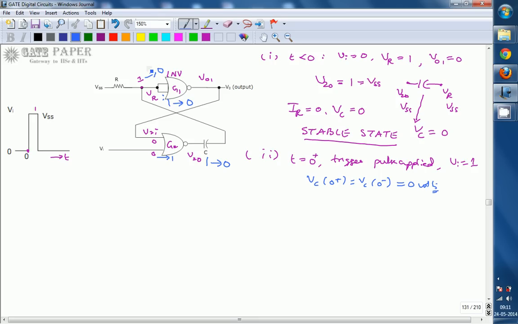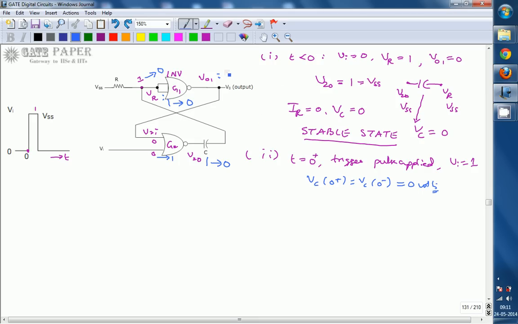Is that clear? Yes. Because of this, G1 is now acting as an inverter, so V01 changes from 0 to 1.